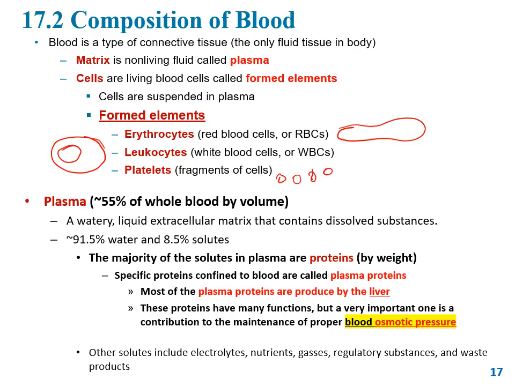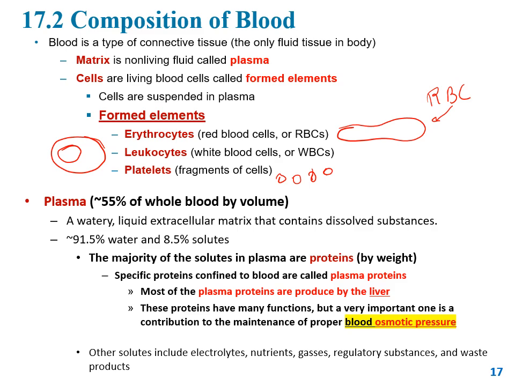Your erythrocytes, or red blood cells, are tiny and they don't have a nucleus. They also don't have mitochondria. So there are a lot of them, but they are tiny with no nucleus.